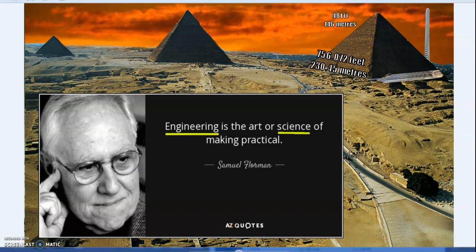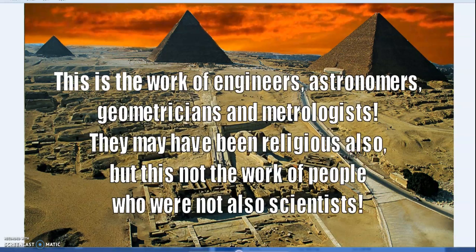This is the work of engineers, astronomers, geometricians, metrologists. They may have had a religion also, not doubting that, but this is the work of people who were definitely not just scientists, but very, very skilled at what they were doing, and they had to calculate things to a high precision to achieve this level of skill.